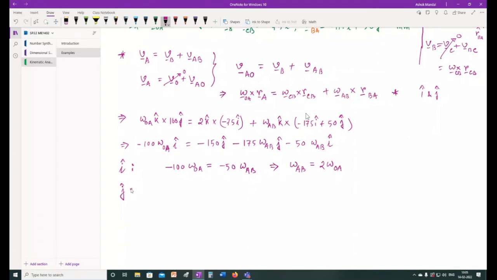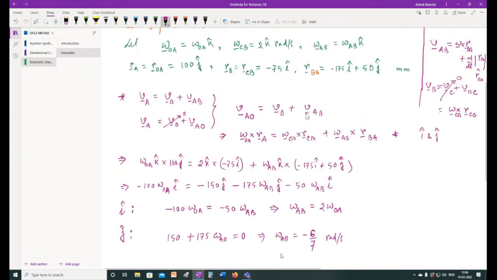Now let us find the J components. You have 150 plus 175 omega AB equals 0. So from here, what is omega AB? Minus 6 by 7, in radian per second.